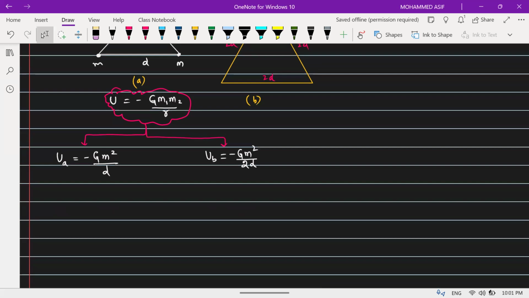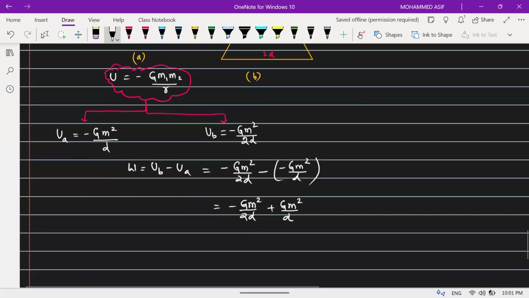Work done is equal to final energy minus initial energy. Final energy is minus G m square divided by 2D minus of minus G m square divided by D. This will be minus G m square divided by 2D plus G m square divided by D.